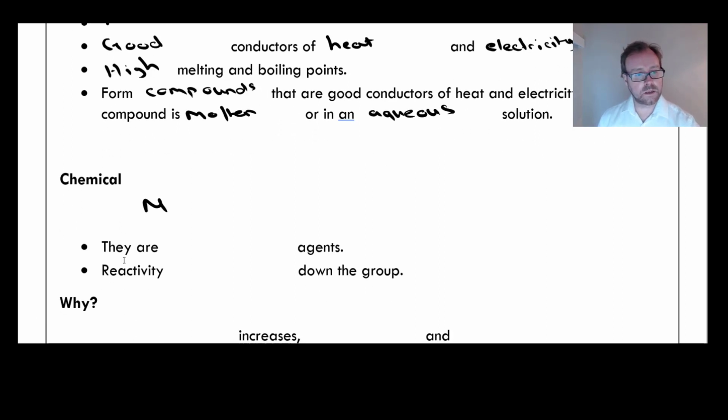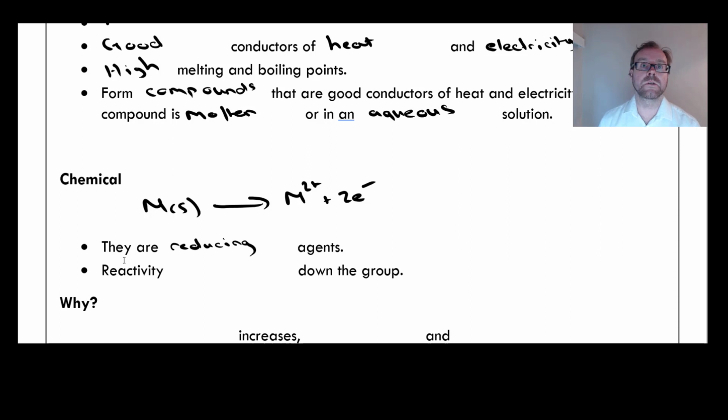Some of our chemical properties. When they react, they lose electrons. They lose two outer electrons to form a positive metal ion. They are all reducing agents, because they themselves get oxidized by losing electrons, but they reduce something else, so the other species will gain electrons.